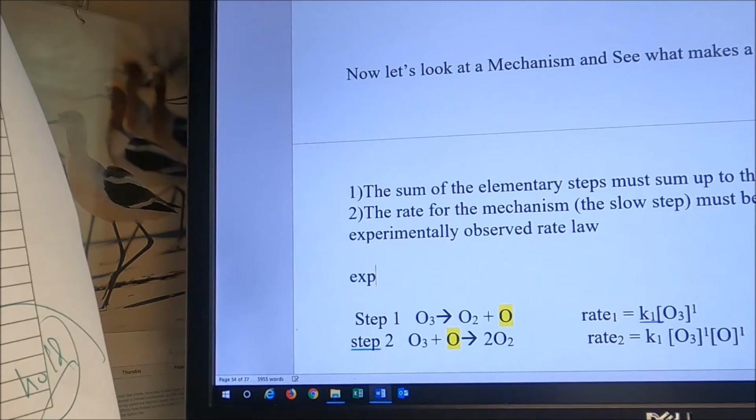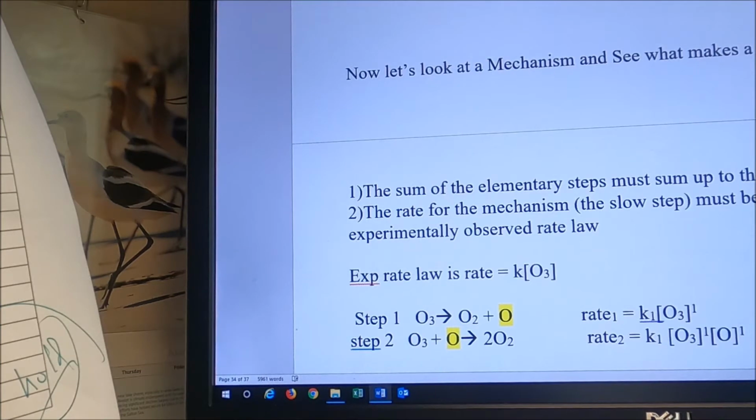We're told that the experimental rate law is rate equals K, the concentration of ozone raised to the second power, concentration of oxygen, O2, raised to the -1 power.